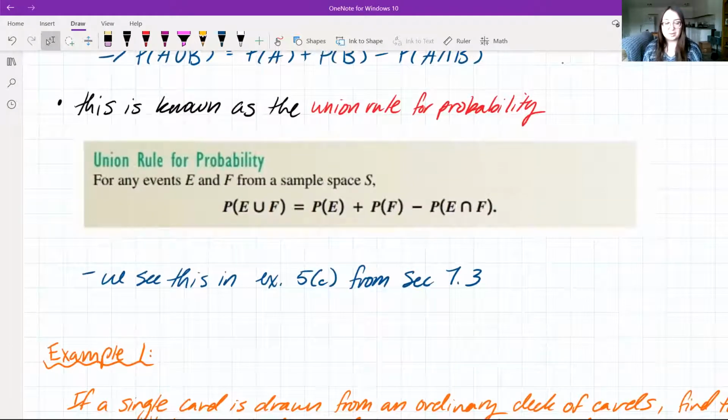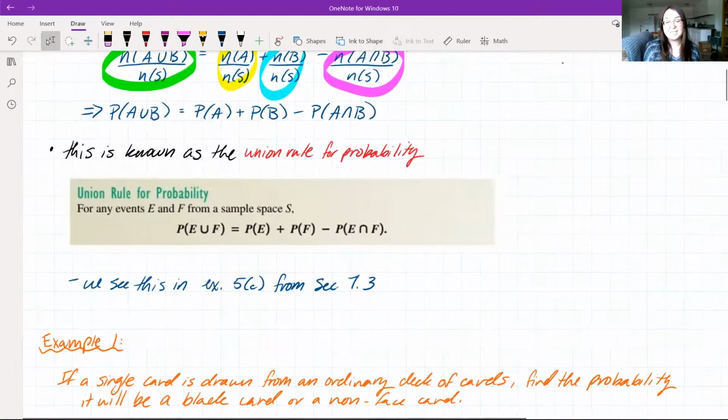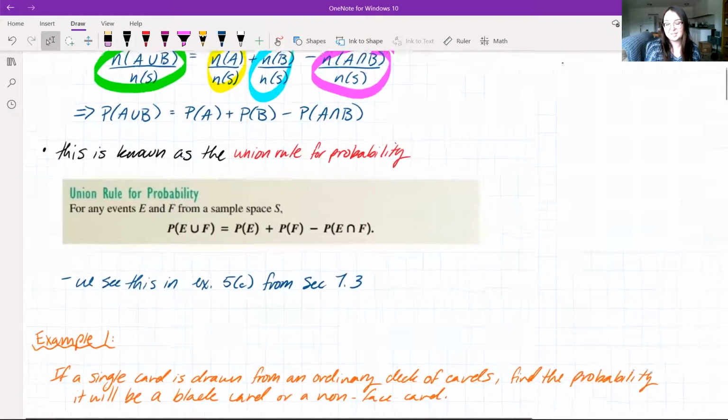The union rule for probability tells us that for any events E and F from the sample space S, the probability of E union F is equal to the probability of E plus the probability of F minus the probability of E intersect F. We see this in example 5C from section 7.3. If you'd like to go back, we used this in our fifth example, part C, from our last section, where we touched on this concept.